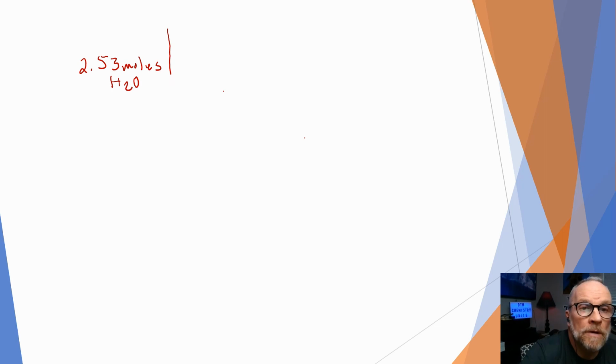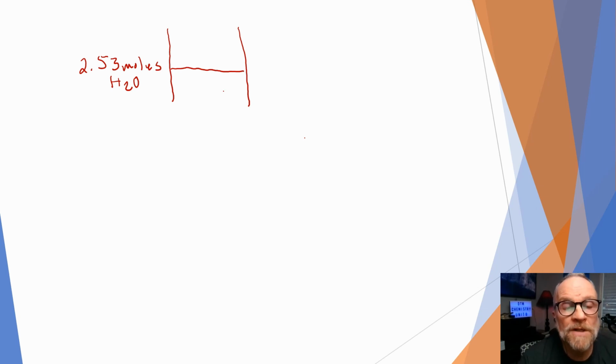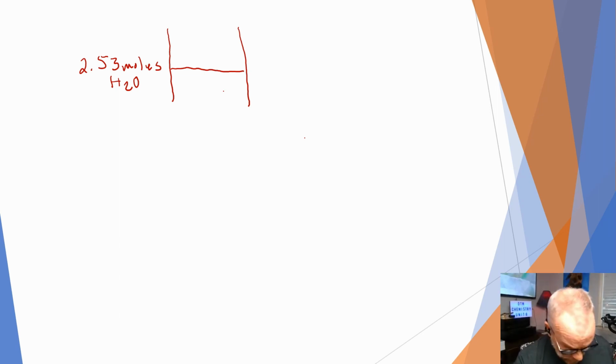Okay, so we have 2.53 moles of H2O at the end of the reaction. And so the question is, how many grams of the hexane were used? That's the excess reagent.